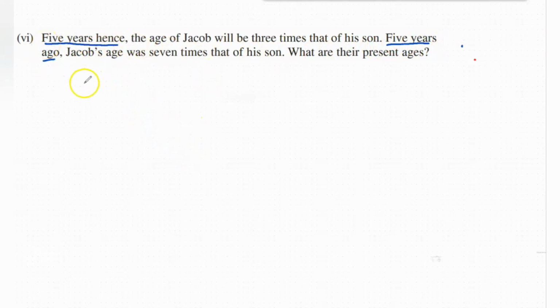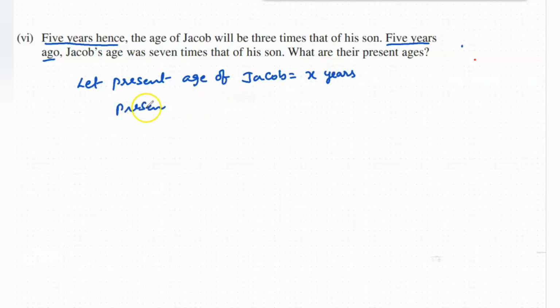So let us assume the present age of Jacob is equal to x years, and the present age of son is equal to y years.